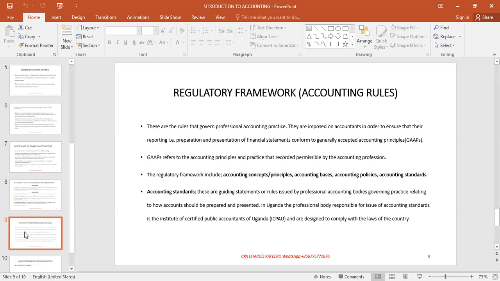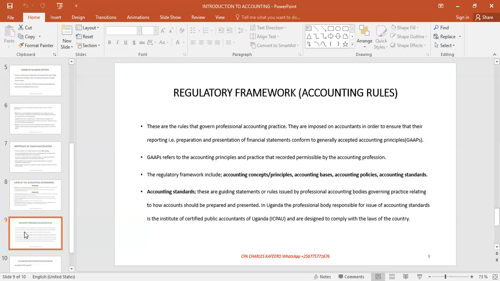You can say preparation and presentation of financial statements conform to the generally accepted accounting principles. But there are so many things. I just did a highlight, because when you're talking about the regulatory framework, I have to start from where it started. But I'm just pulling out some key things which I need you to focus on so that you can really do better with them.